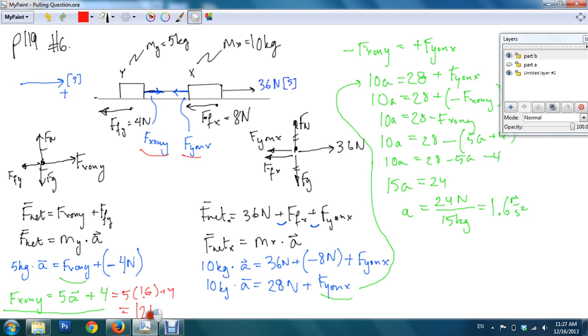You actually get 12 newtons, and the reason I stumbled there is because this is the exact same as question 5. If you are looking for Fy on X, plug 1.6 meters per second squared into here. Once you do all the math, you get Fy on X is equal to negative 12 newtons.